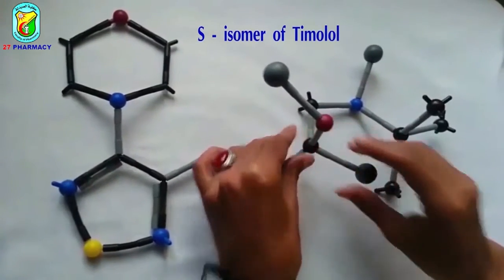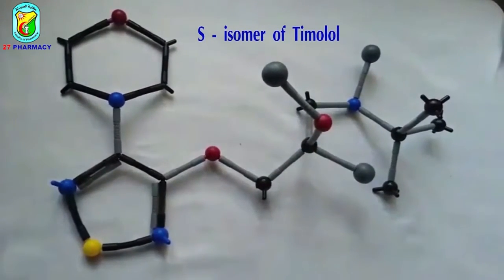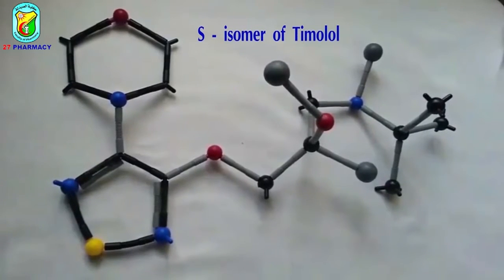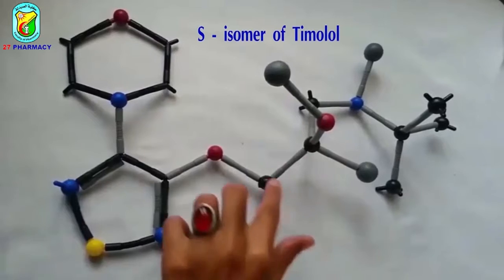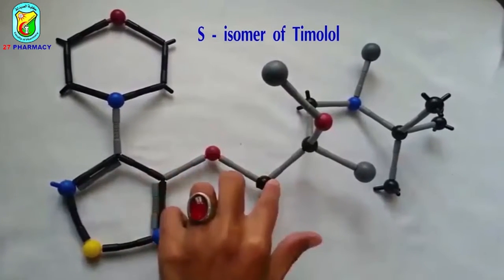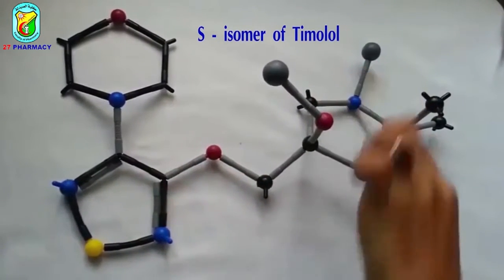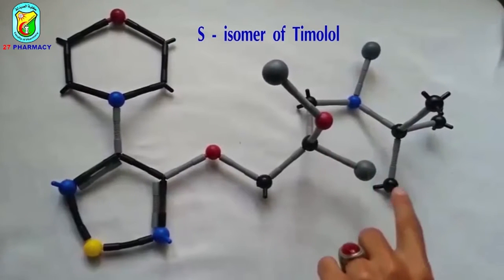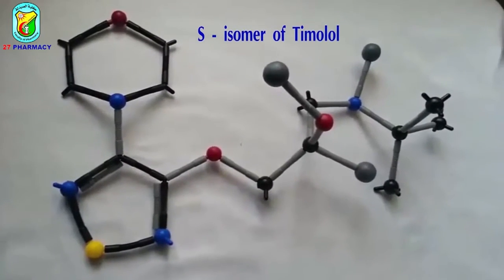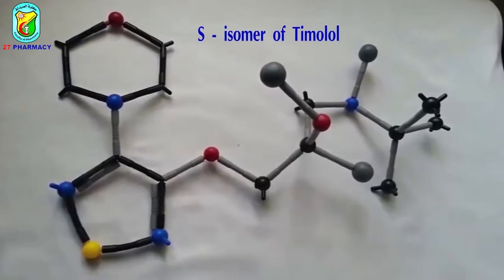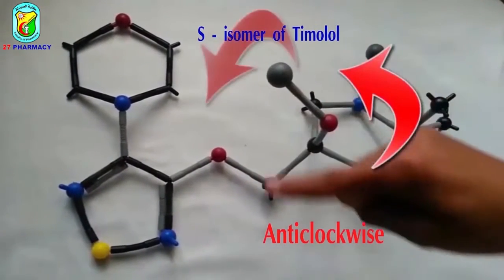and we call it S because the hydroxyl group has the highest atomic number, and then the carbon with oxygen, then the carbon with nitrogen, and finally the hydrogen atom, which has the lowest atomic number. So it's S, because the rotation is anti-clockwise.